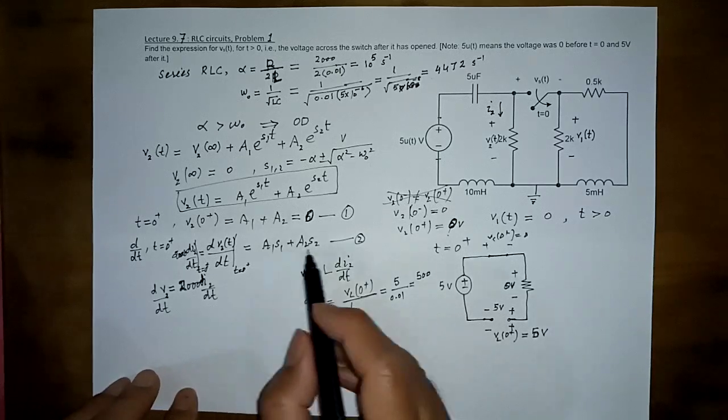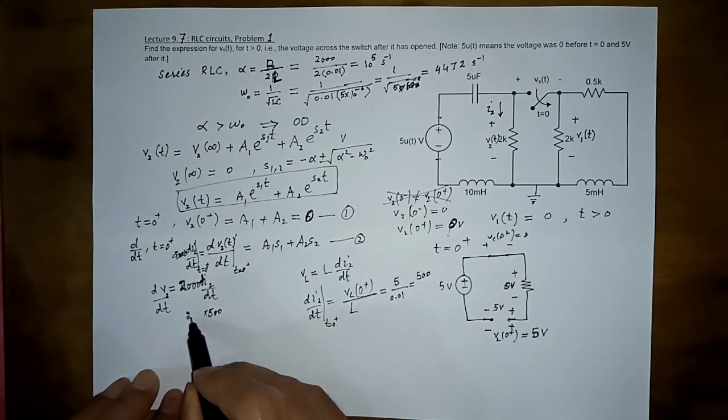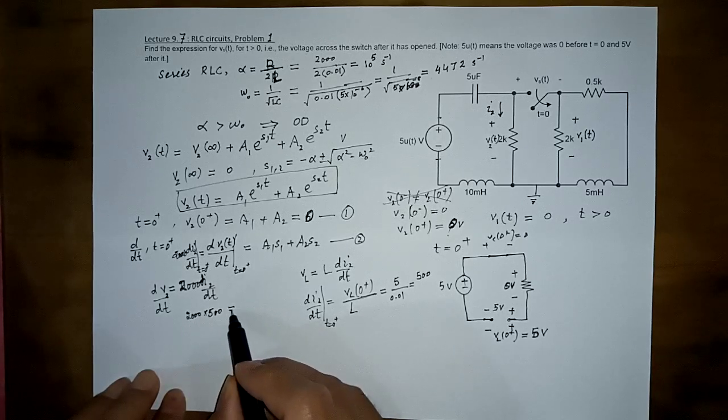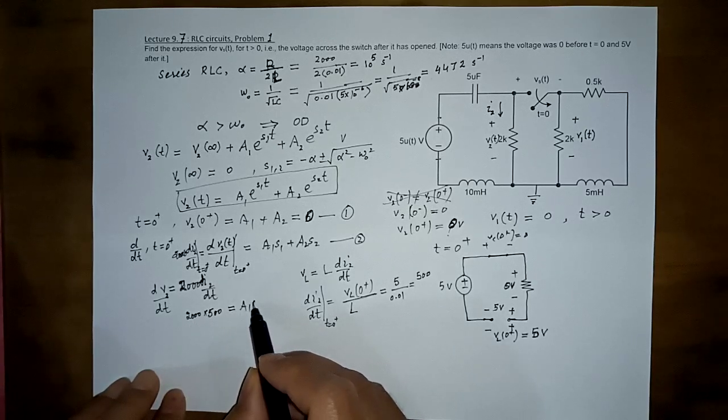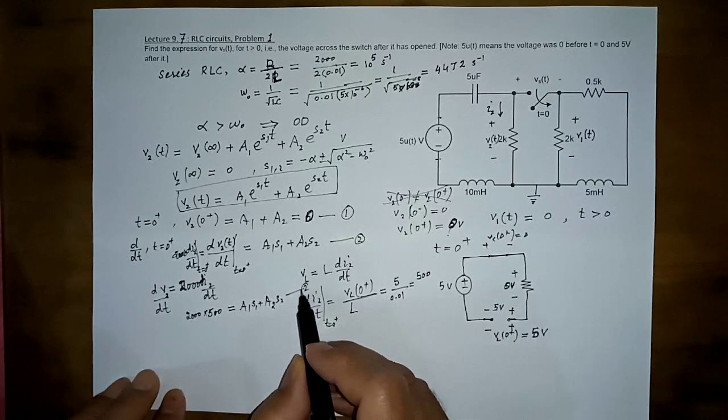So the second equation is 500 into 2000 is equal to A1, and put values of S1 here and put values of S2 here. So this is the second equation.